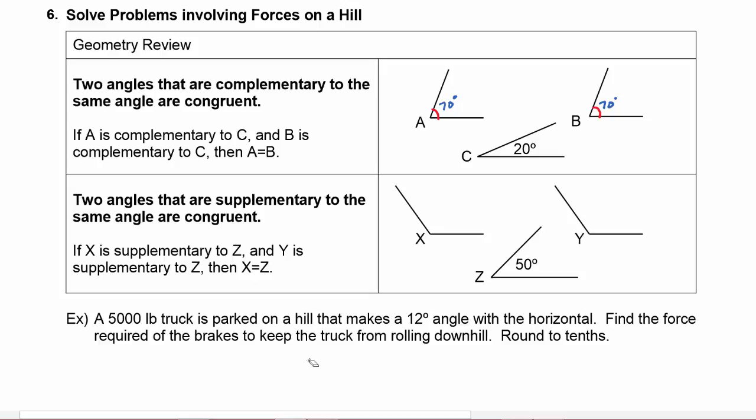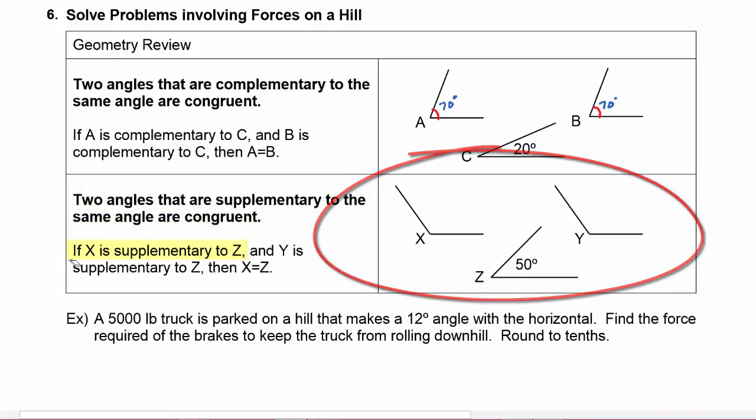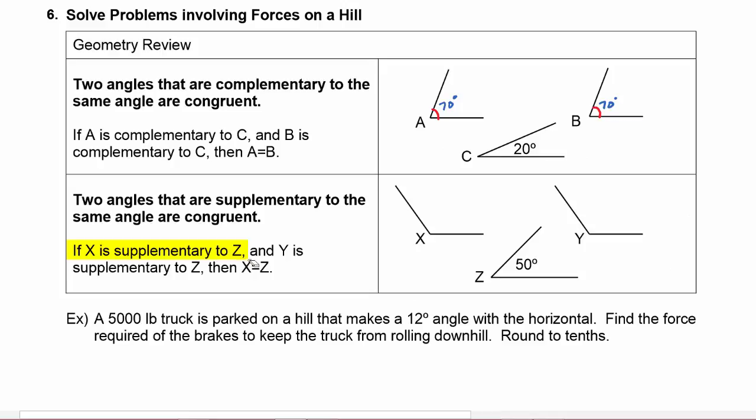Similarly, we have a theorem that says two angles that are supplementary to the same angle are congruent. So in this picture, if angle X is supplementary to angle Z, so here's angle X, it has to be supplementary to Z. We know that supplementary angles add up to be 180 degrees, so that means X would have to be 130 degrees.